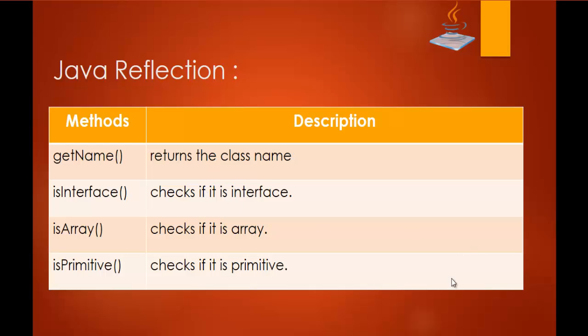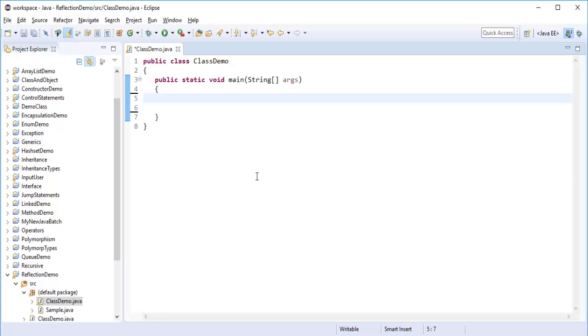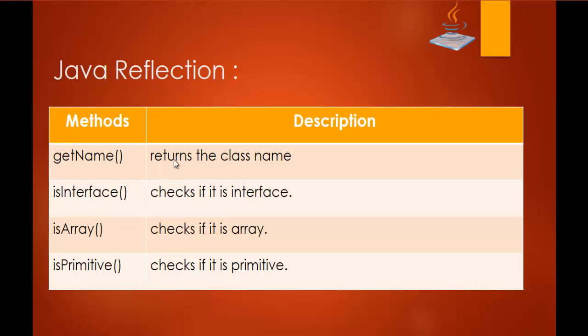How to work with these reflection methods is very simple. Let me jump into Eclipse and show you a demo. First, let us work with the getName method, which returns the class name.